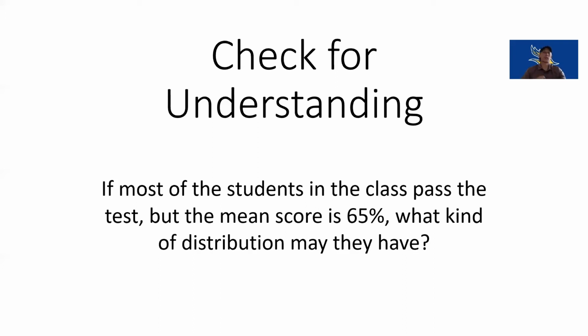What kind of distribution would we have if most of the scores, the mode, is above passing, but our mean, our average, is less than passing? That would mean we'd have a what? A negatively skewed distribution, because in this case, a few low numbers pulled the mean below what is most frequently occurring. I hope that made sense.